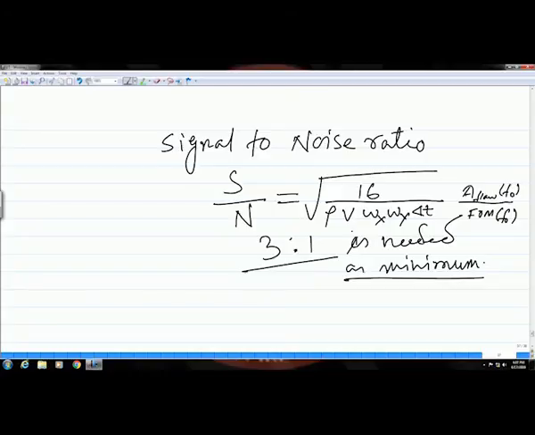Okay, so, these are the parameters which control the signal to noise ratio or the detectability of a defect. So, let me define the parameters.